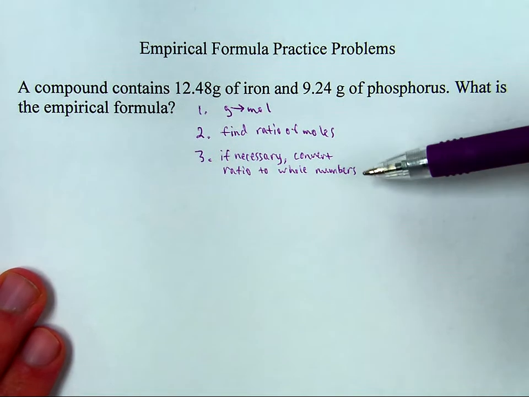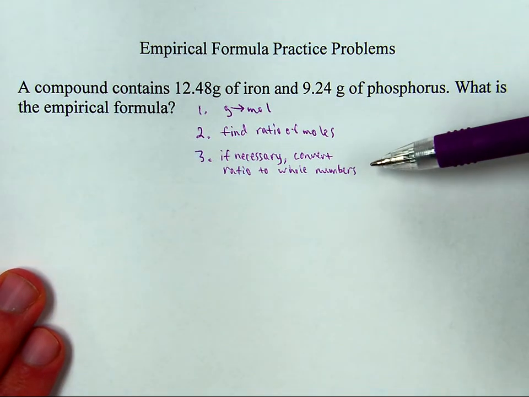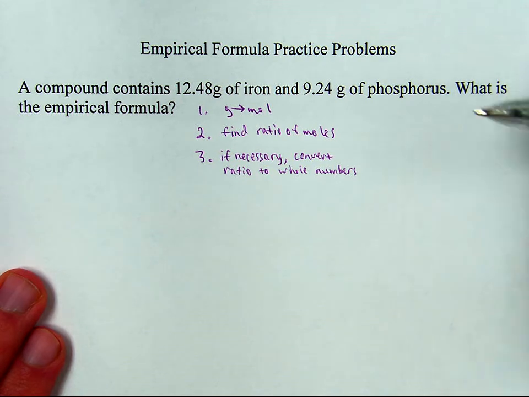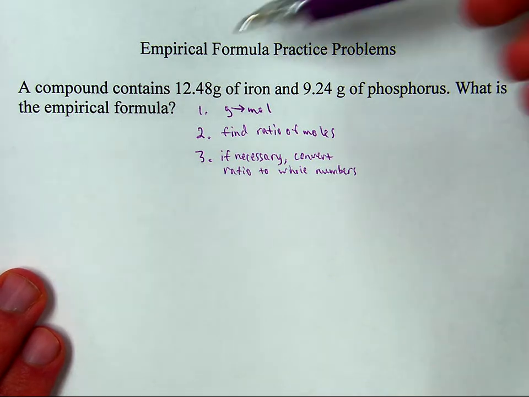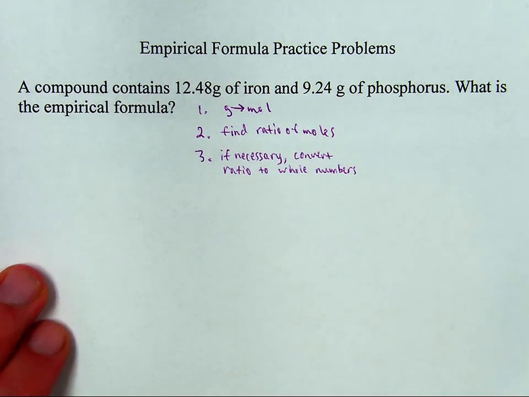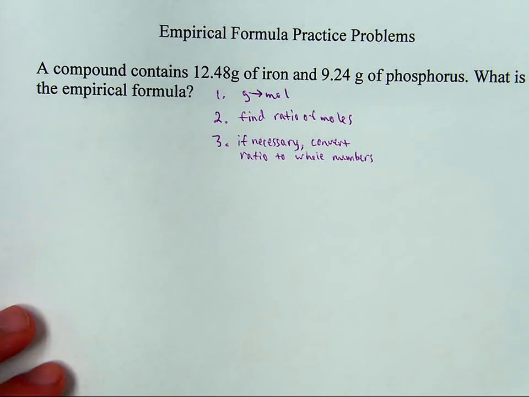Sometimes that's not necessary. Sometimes the ratio comes out to whole numbers right away, which may make it much easier to solve the problem. In this case, I've chosen a problem that will require this third step of converting the ratio to whole numbers. So there you go. Let's take a look at what this looks like.